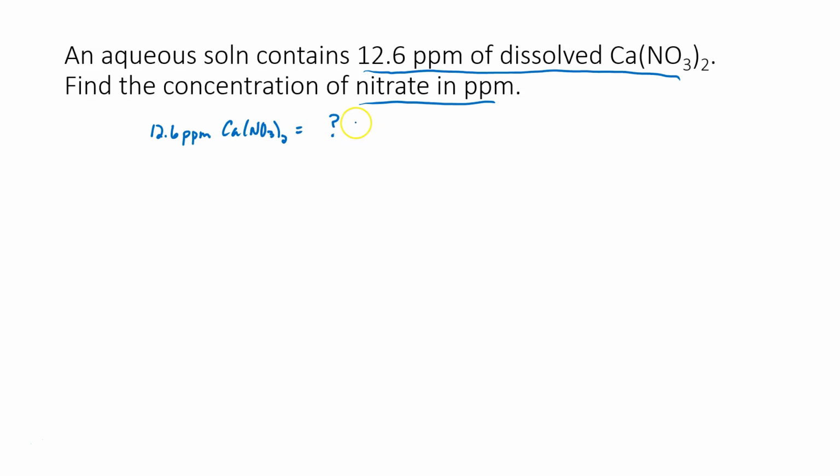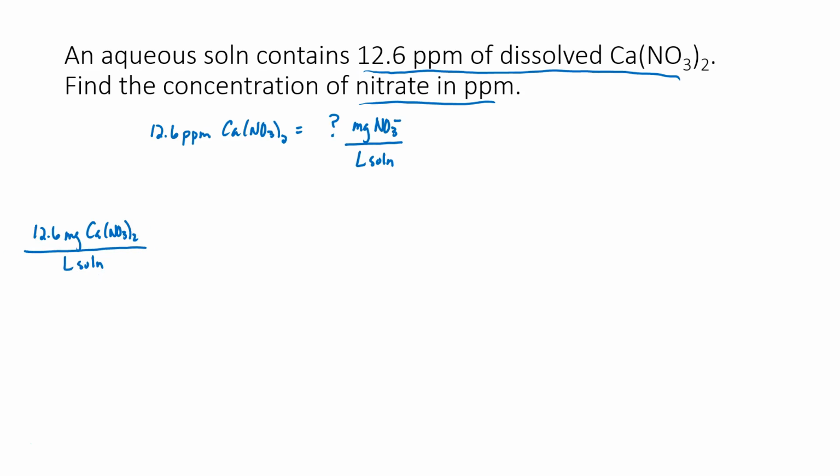And if I want to, maybe I'll remind myself that ppm is milligrams of nitrate for every liter of solution. This is what we're being asked to find. I'm going to begin with what we're given, and I'm going to rewrite the definition of ppm as milligrams per liter. So we've got 12.6 milligrams of calcium nitrate for every liter of solution.